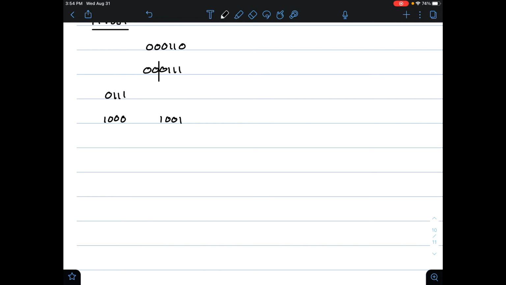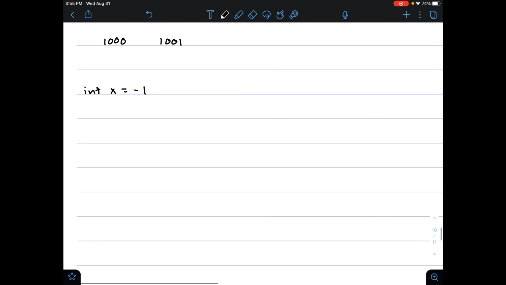Anyway, the whole thing with signed and unsigned in C is, as the slides put it, if you say int x is equal to -1, but then you change it to unsigned, right? I'm not sure exactly how many bits an int is, but let's just use the 4 that we were using.